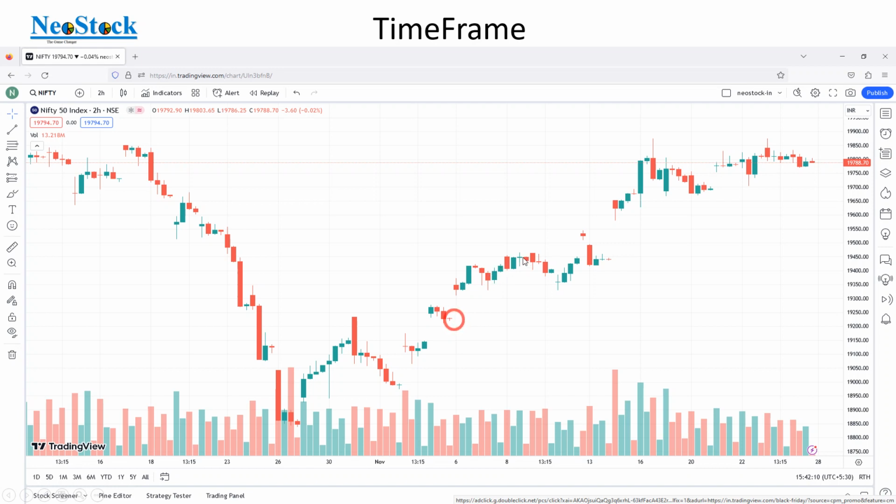Again after 3 candles, a small tiny candle. Let me show you a few candles in this chart. See, this is a small tiny candle. This is a small tiny candle. That means the last 15-minute candle on the 2-hour chart will result in a small tiny candle always, or most of the time.